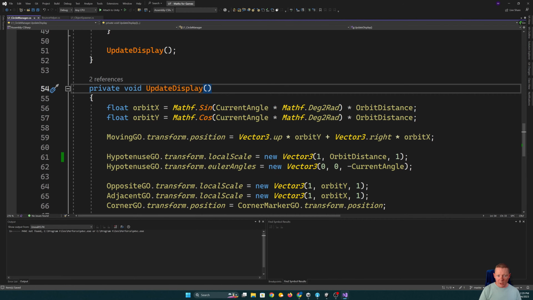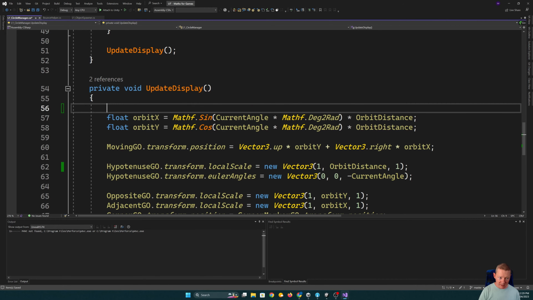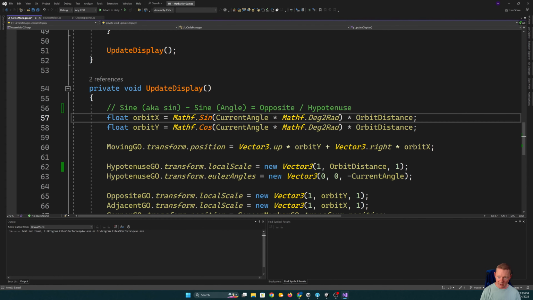So we have a few mathematical functions. One of them is sine, often written as sin. The maths behind that is sine of angle is equal to our opposite divided by hypotenuse. So that's what we're doing here.